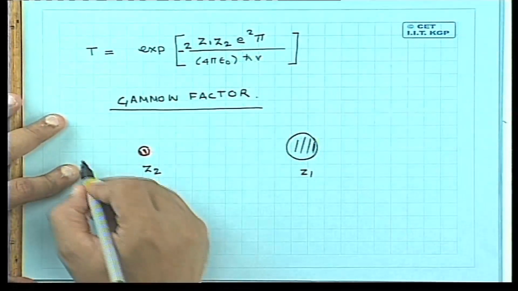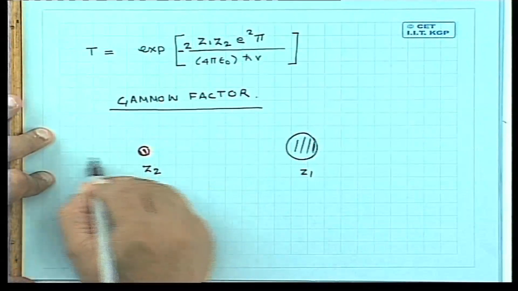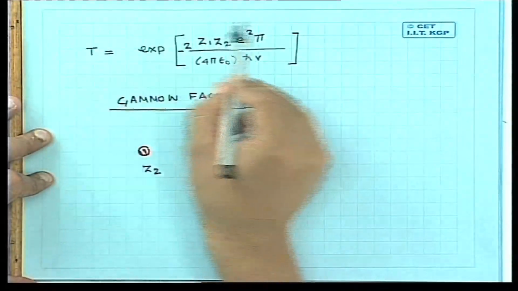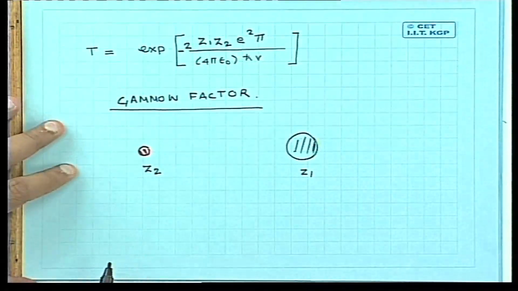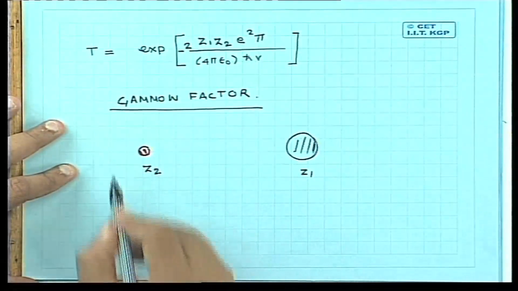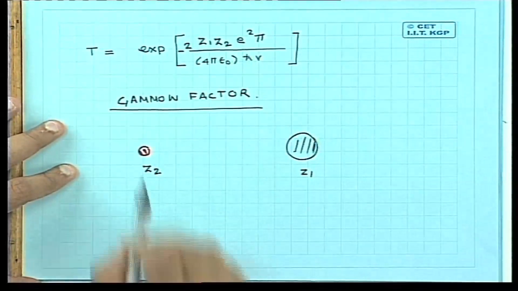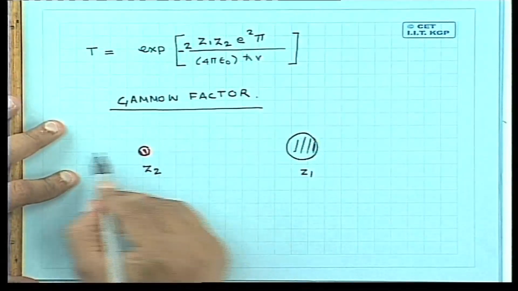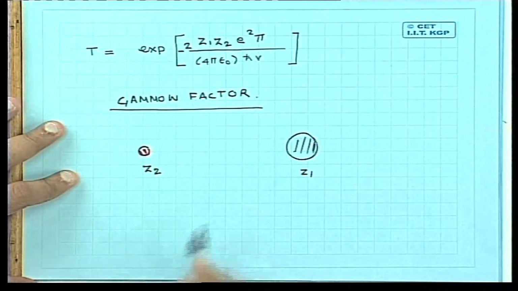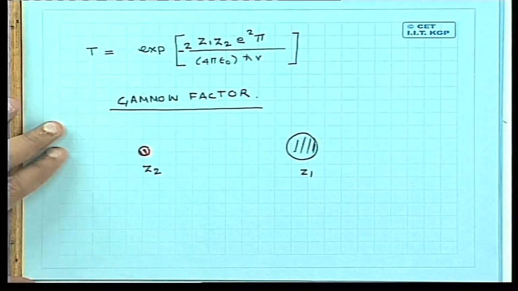Because if I have a flux of incident particles, only this fraction of the incident particles will get through to this nuclei. The rest of them will get reflected back. Right? This is what the transmission coefficient tells us. It tells us what fraction of the incident flux of particles will actually tunnel through to this nuclei.